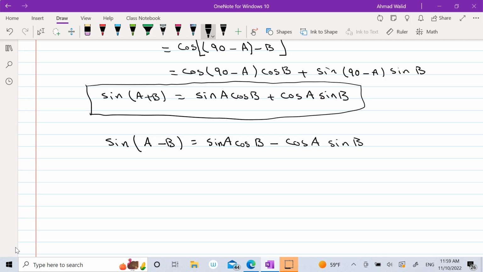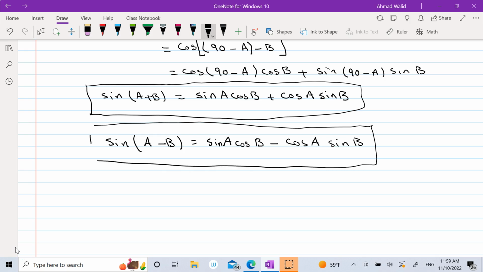They are again the same. The only thing that you see is the sign. When you have plus here, you also have plus here. When you have negative here, you also have negative here.